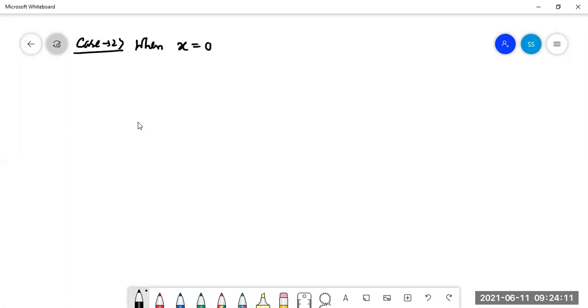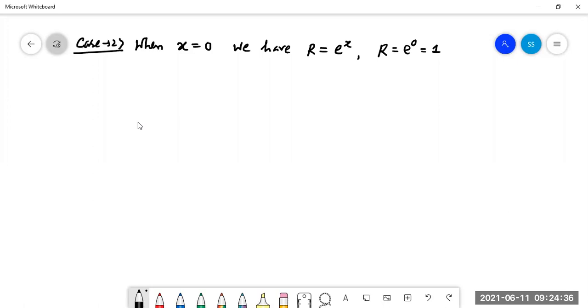When x equal to 0. x equal to 0 means the y-axis. Then we have r. What was the value of r? e to the power x, isn't it? So r is equal to e to the power 0 equal to 1.